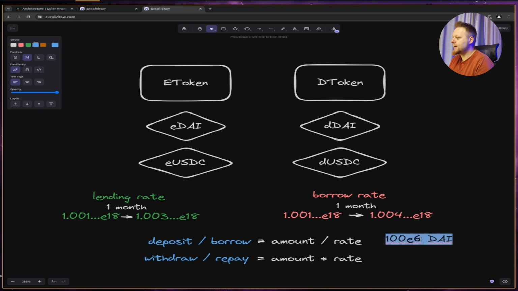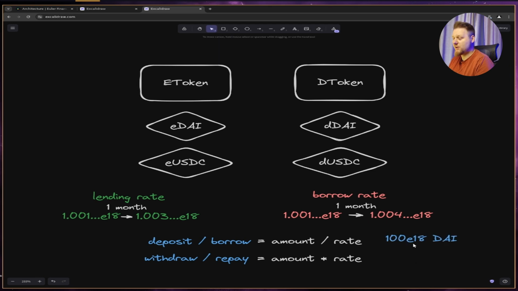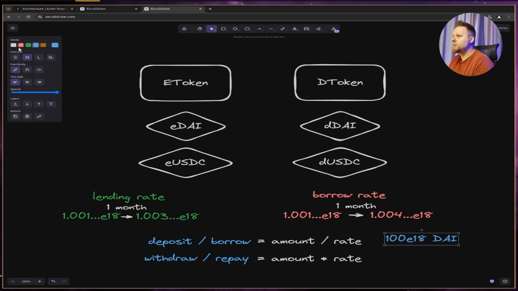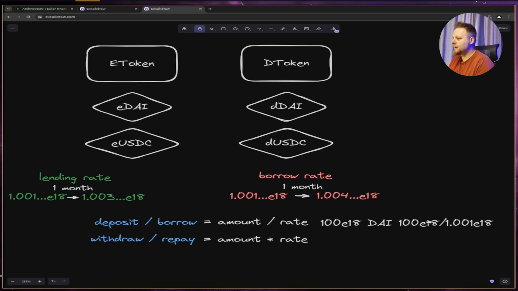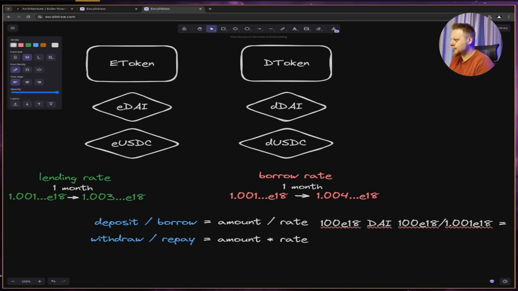DAI is 18 decimals, so let's say you want to put in DAI. What you will get is this 100 DAI divided by this rate. So let's say it will be like 98.